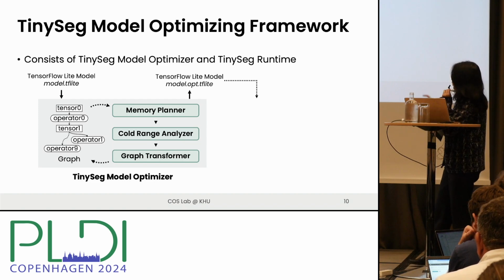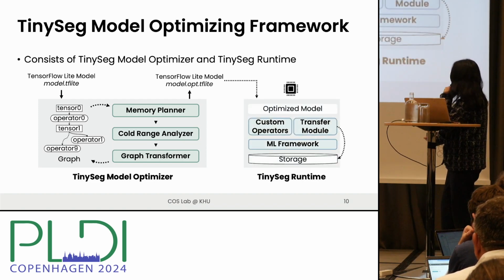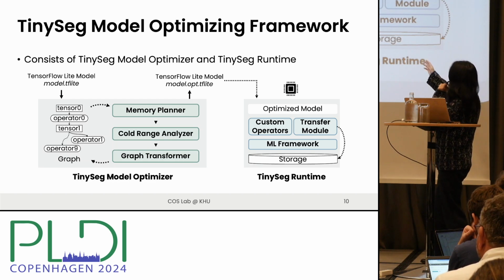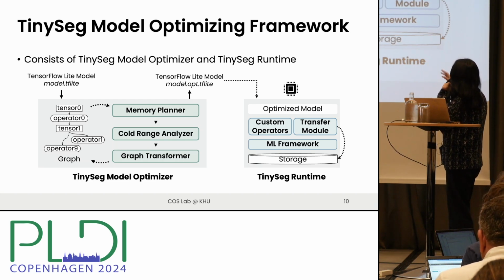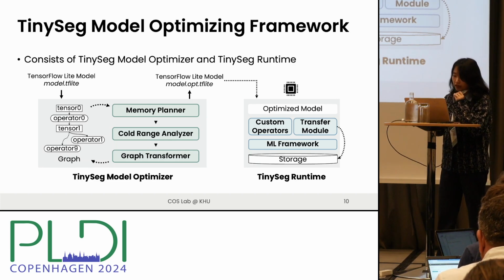And then it outputs the optimized TensorFlow-like model. And then the TinySeg runtime takes the optimized model and provides some custom operators and a tensor transfer module that will implement the tensor spilling.